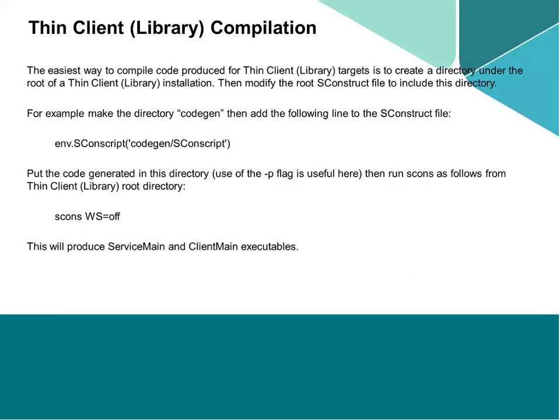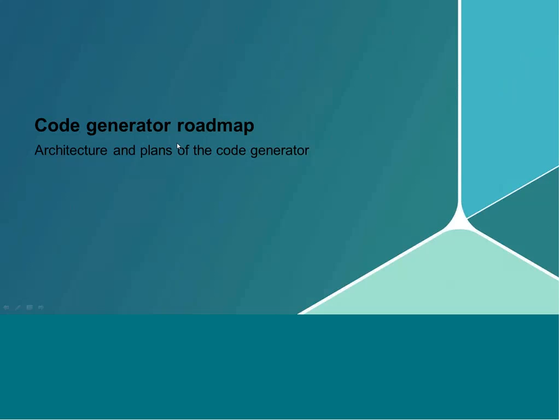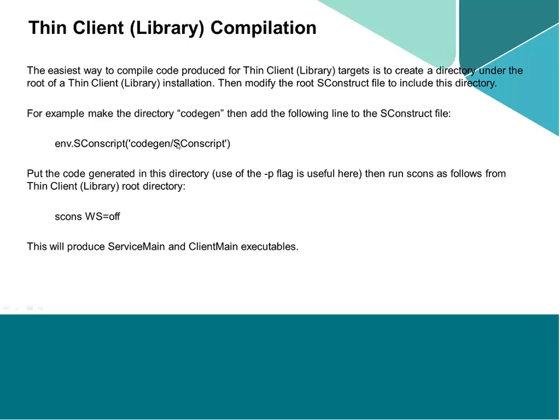The modifications I was telling you about to the scons script file, the construct file, is the code generator default directory. There's a construct file, and you'll add, in this case, I've created a CodeGen subdirectory under there, and then put in and specified the scons script file that is created by the code generator.